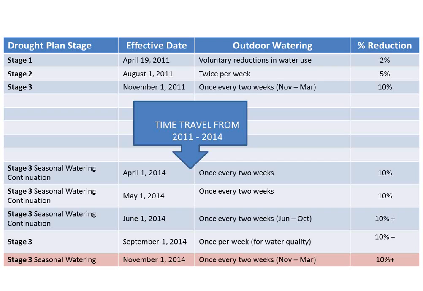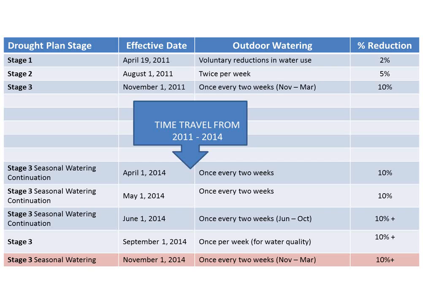We actually have built into our strategies what we call seasonal watering. It's the non-growing period for our landscapes. So we further reduce the restrictions during the months between November and March.